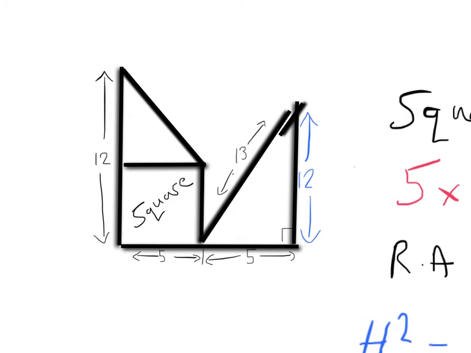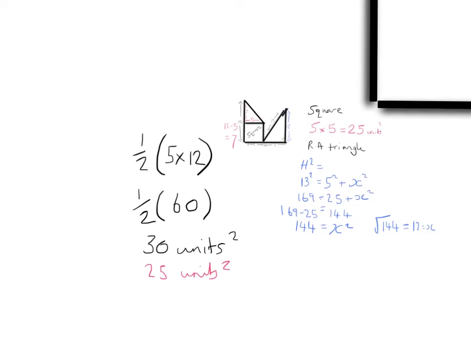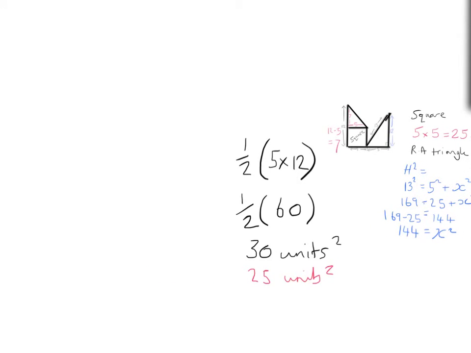We can see here, we have the base already, we know it's 5, and we have the height, because 12 minus 5 is 7. So this height here is 7, and this length here is 5, so half the base times the height. We'll do this quickly. Excuse me, getting used to this. So half of 5 times 7.